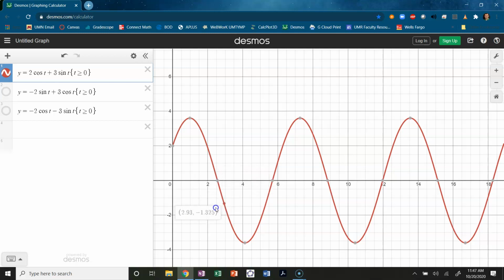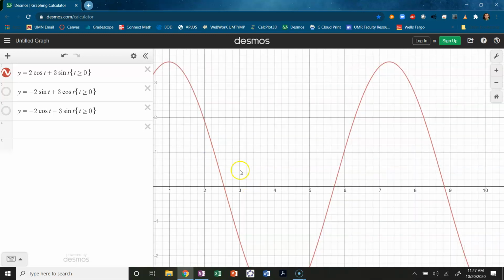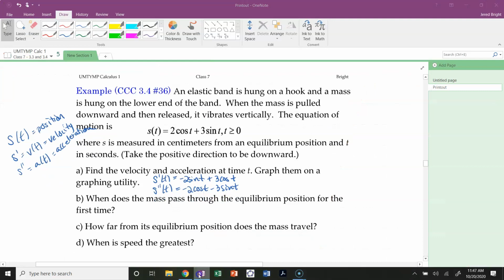Yep, seconds. So we can answer that, but that's also rounded, so we should maybe find that algebraically. We'll get there in a minute. We'll maybe answer these graphically first.